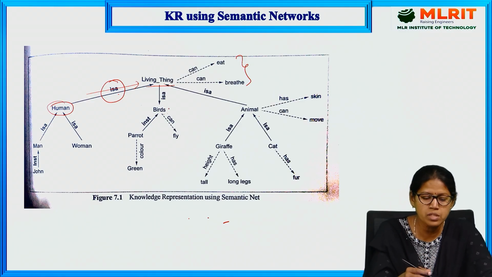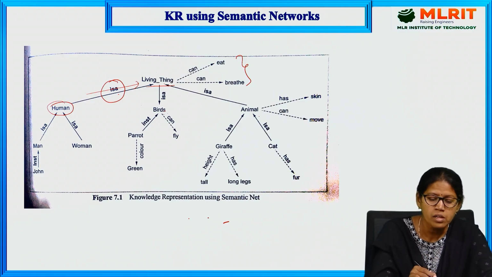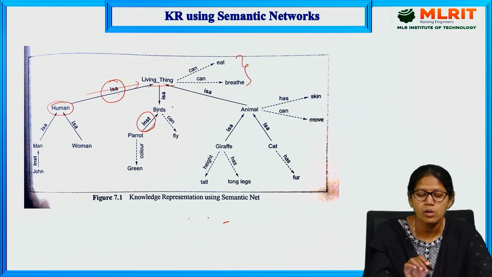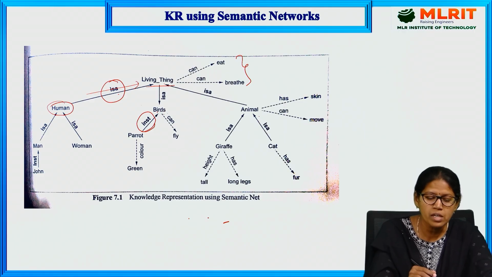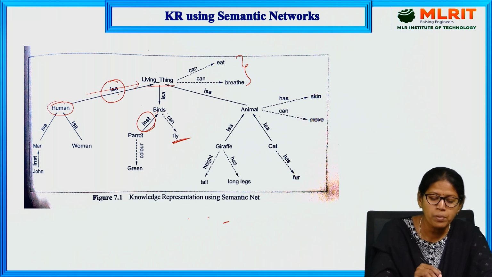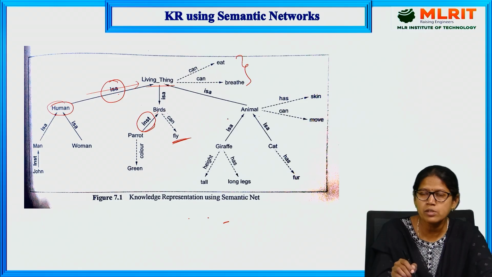If you observe, after bird, there is a parrot. Parrot is not a class. Parrot is an instance of this bird. Parrot is one of the birds. If you take pigeon, pigeon is one of the birds. But if you take all birds can fly, that will be applied to parrot, to pigeon, and to sparrow.